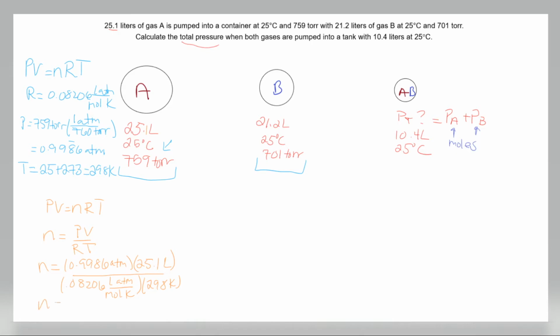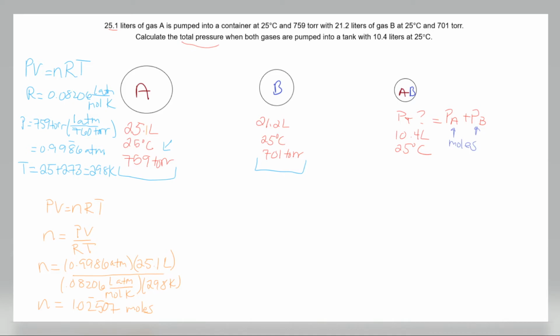When I did the math, hopefully I was right, I got 1.02507 moles. We would end up rounding to 1.03 if we stopped, but we're not done yet. That's gas A. There's about 1.025 moles in that sample. Plain and simple. Maybe not plain and simple, but there it is.